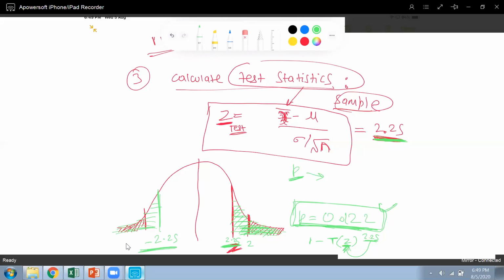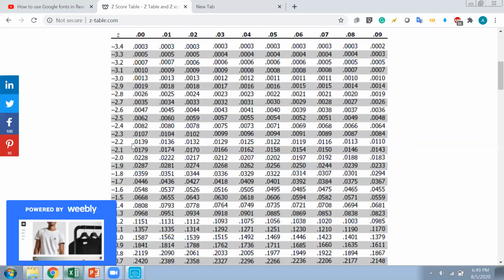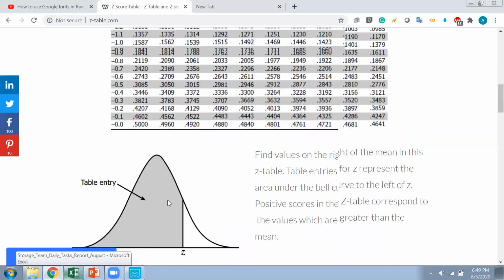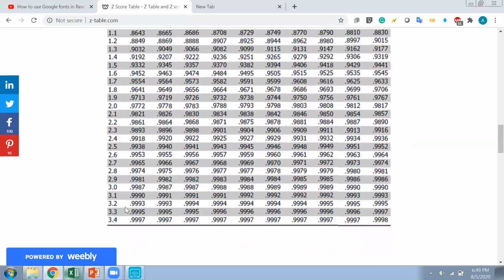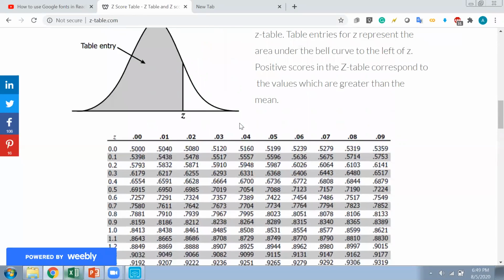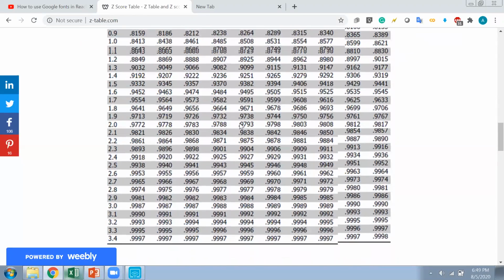No, I didn't divide by 2. Z was 2.25 now. If I had found 2.25, I would have gone in the plus part. So let's see what 2.25 is.